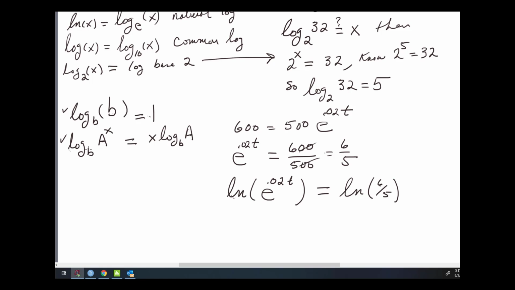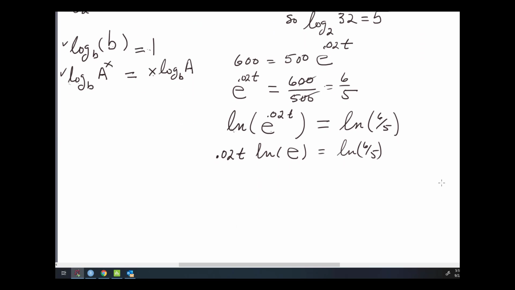Now this property says that if you're taking the log of a number raised to an exponent, that's equal to the exponent times the log. So writing it out, this would be 0.02 t times the natural log of e, and that would still be equal to the natural log of 6 over 5.